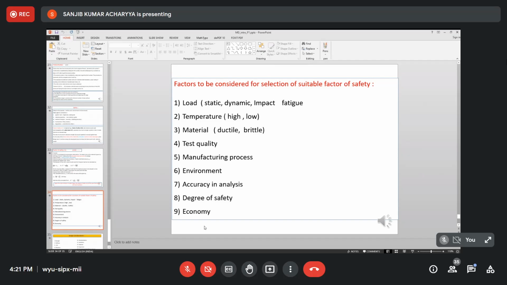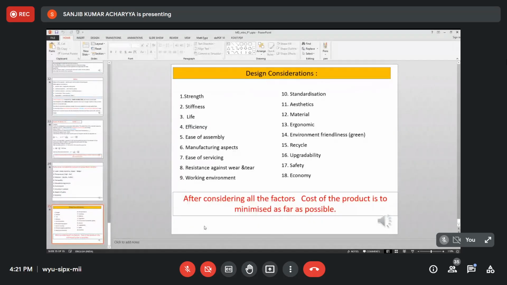The designer has to know what particular features are present here and what should be the appropriate factor of safety. This is the challenge to the designer, where he has to apply knowledge, analytic power, awareness, everything. So I have tried to explain all these design considerations in detail. Have you understood? Yes, sir.